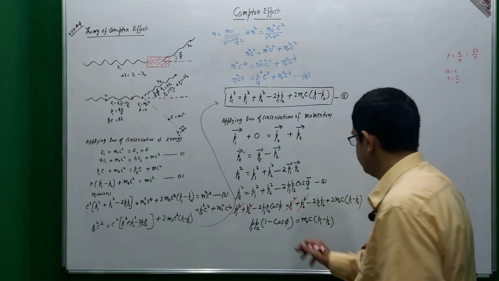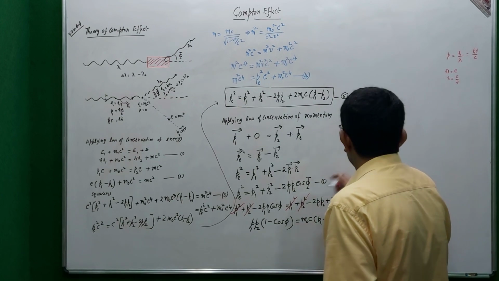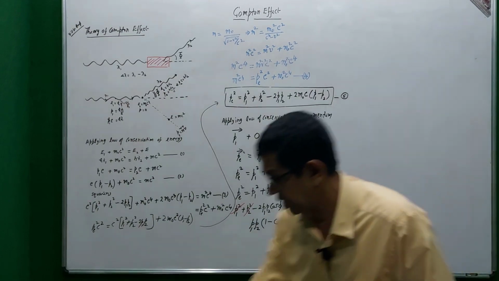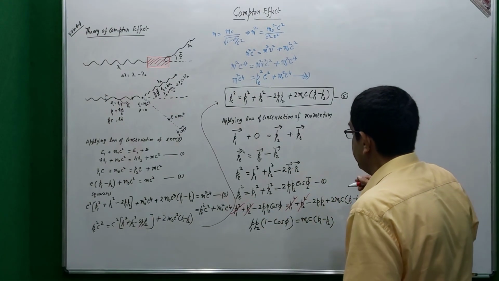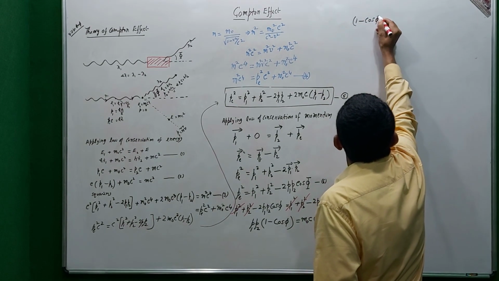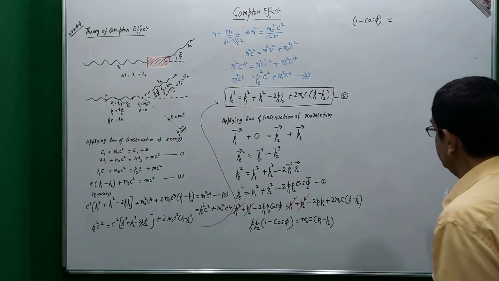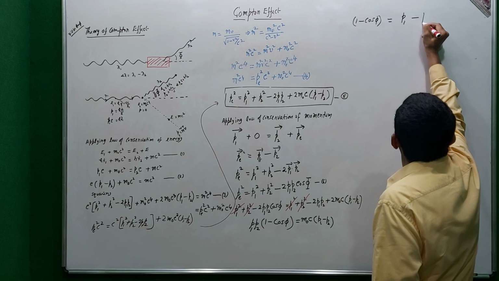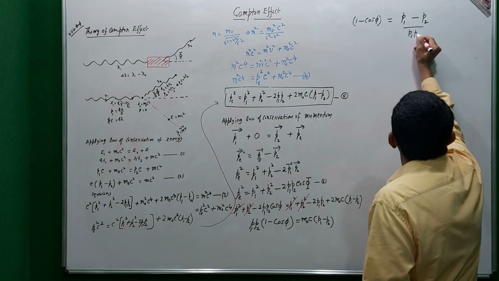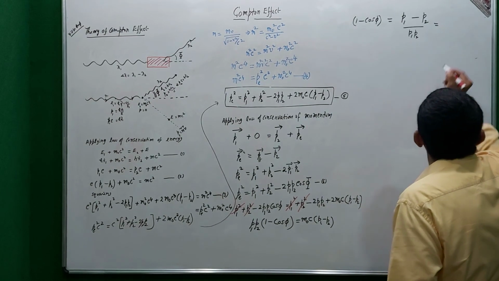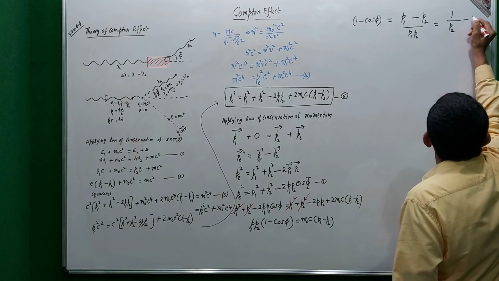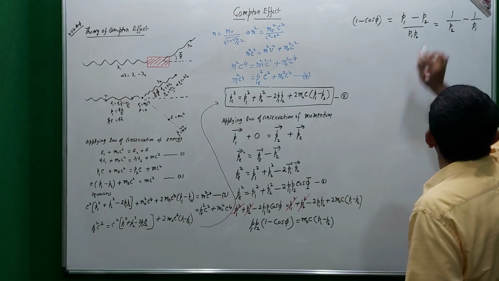I will take this m naught c to this side, and therefore this equation we can write as 1 minus cos phi is equal to P1 minus P2 divided by P1 P2, or how we can write this one as 1 by P2 minus 1 by P1. You get this one.